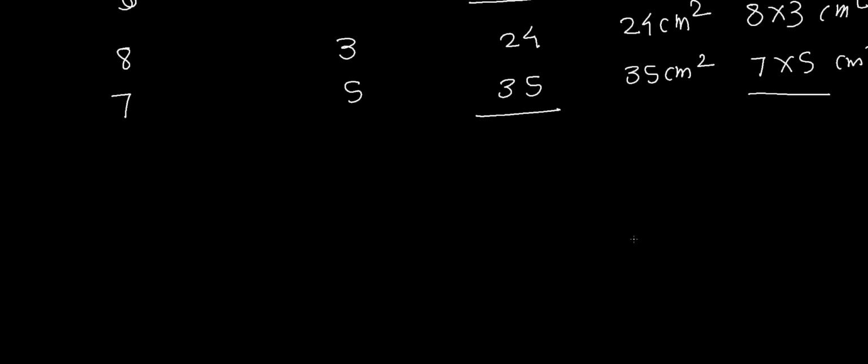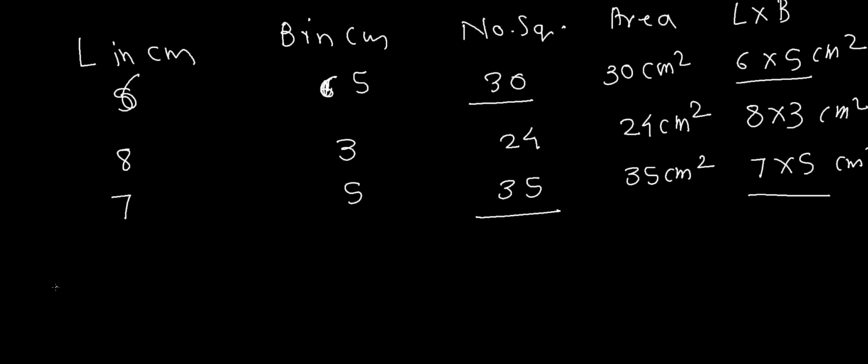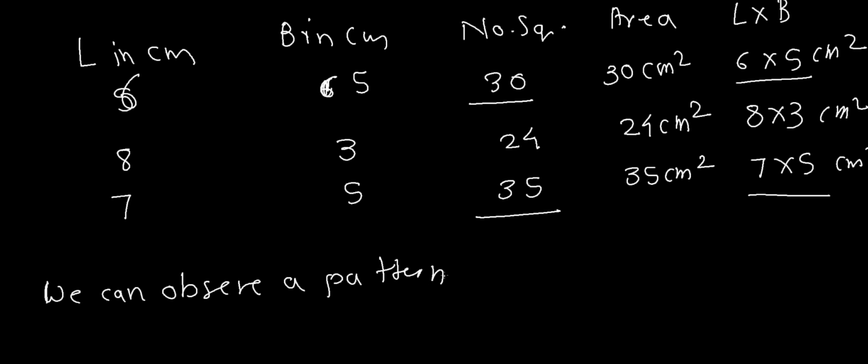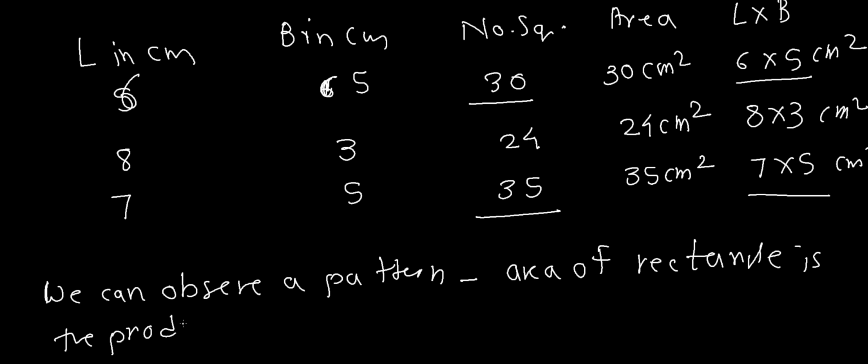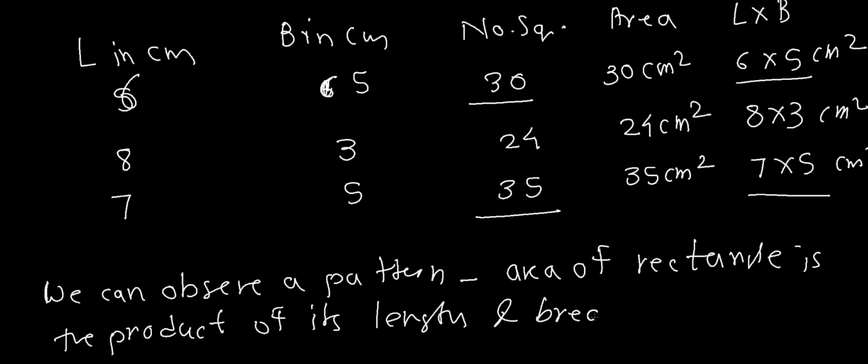So based on that, we can observe a pattern: the area of a rectangle is the product of its length and breadth.